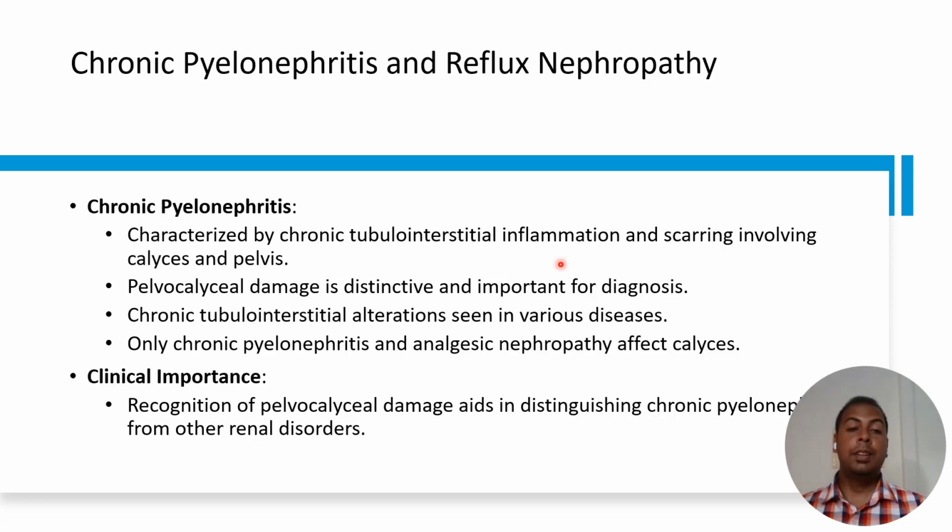Alright, so now we'll end this lecture by talking a bit about chronic pyelonephritis. So this is characterized by chronic tubulo-interstitial inflammation and scarring involving the calyces and the pelvis of the kidney. Pelvocalyceal damage is distinctive and important for diagnosis.